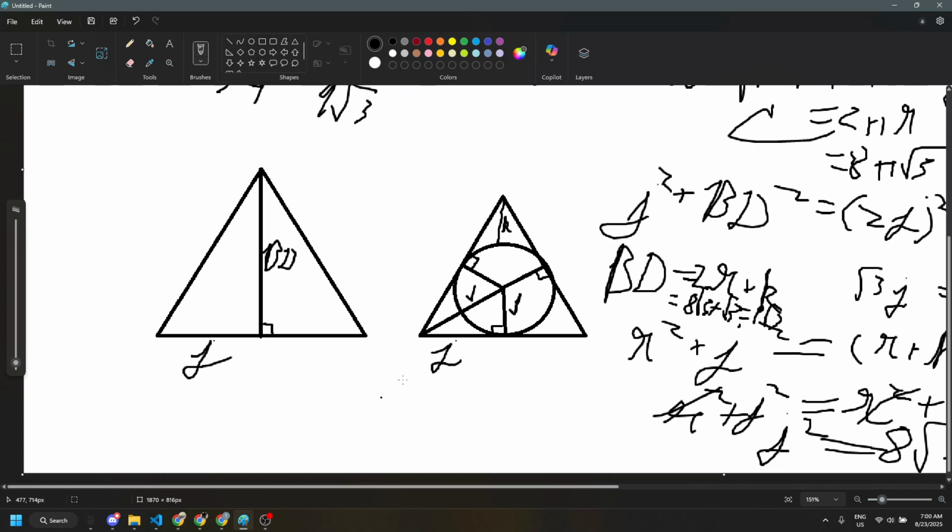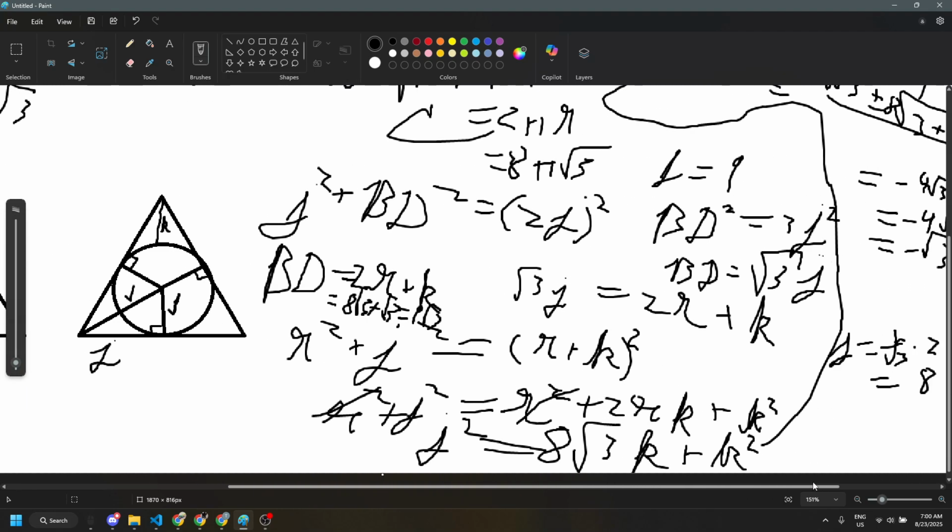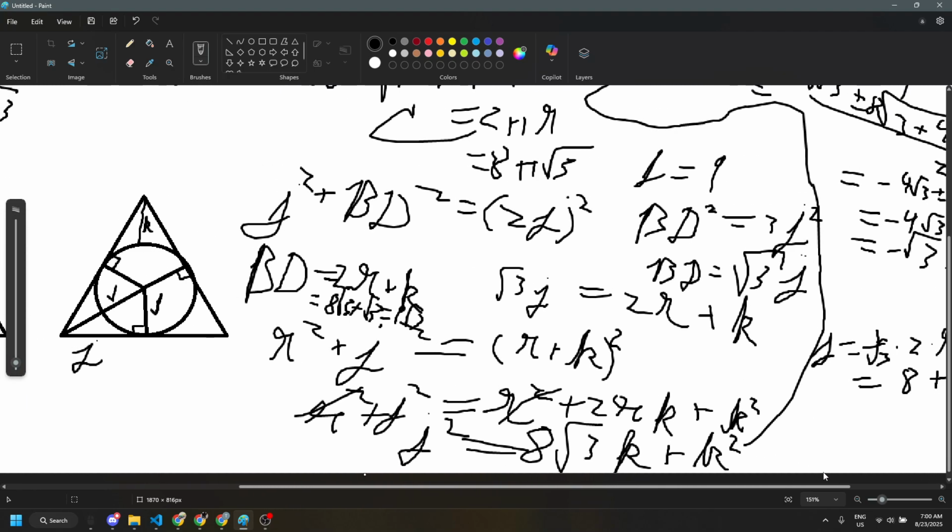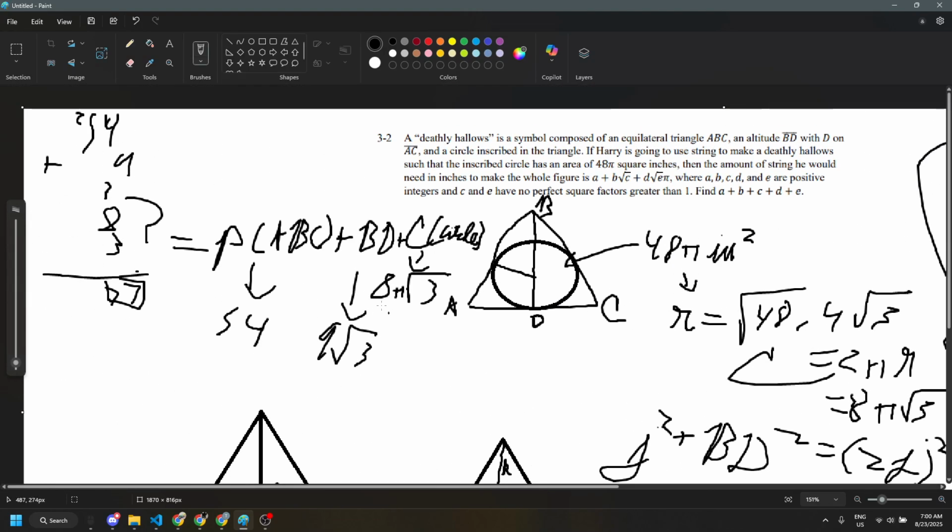So I guess there's some kind of theorem that says that the radius is 1/3 of this. I mean, I kind of saw it because these look like it's the same, but I guess it's just true. So they gave the altitude 12 root 3. What did we give the altitude? 9 root 3. Okay.